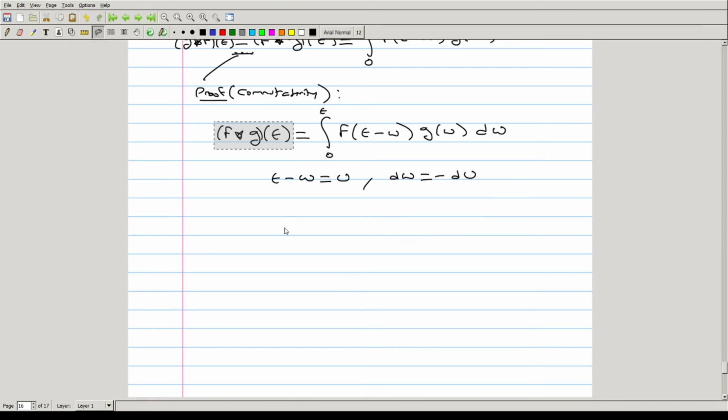Under this u substitution, this integral is the same thing as the integral from t to 0 of f of u times g of w, which is t minus u, and dw is negative du.